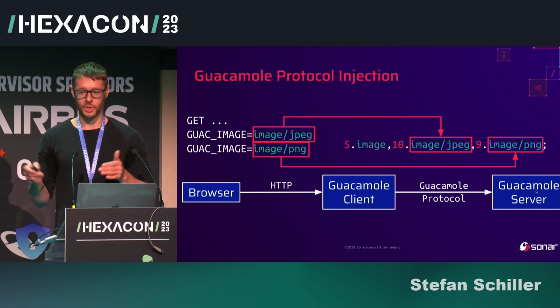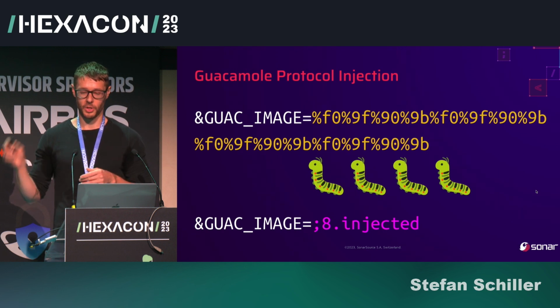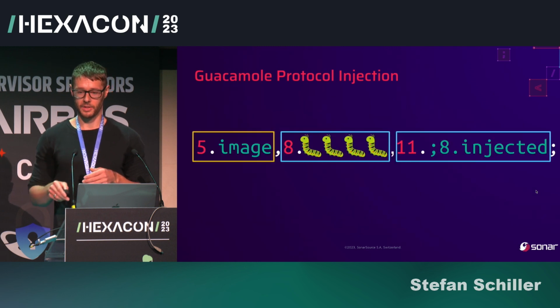What we would like to achieve is to break out of the green value field and inject a whole new instruction. In order to do so, we can just send a horde of bugs. We set the first query parameter to the 4 UTF-8 encoded bugs, and in the second one we insert an additional instruction which consists of a semicolon followed by the digit 8, a dot, and the string injected.